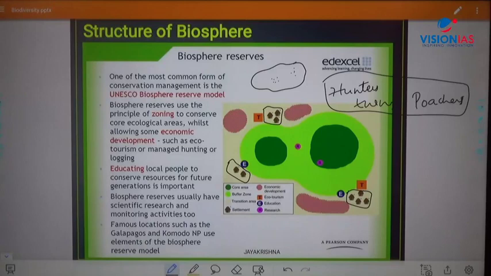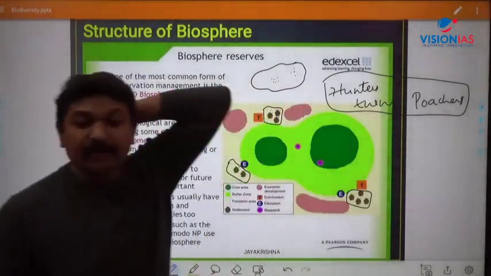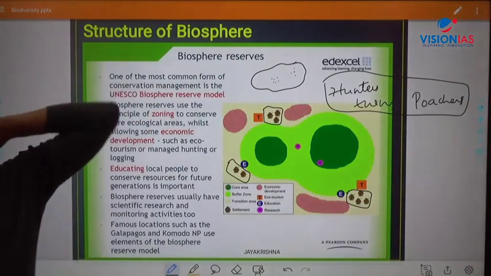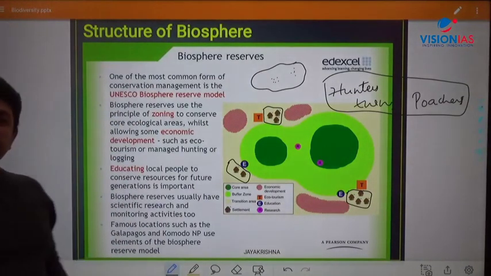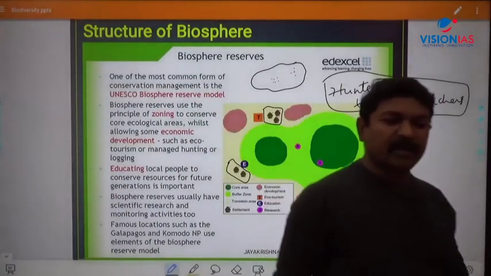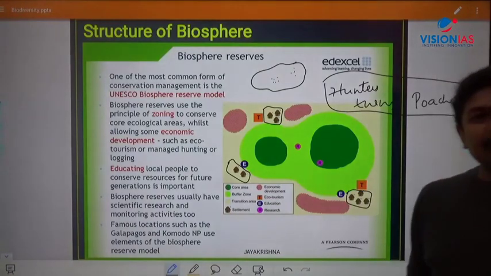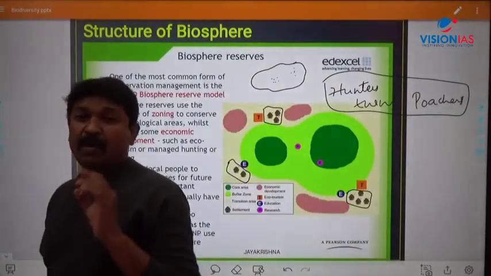This is a very, very important step. Come on, what is hunting and what is poaching? Come on, please respond. Though I am unable to see it on the screen right now, keep on responding. Try to know the difference between the small things.